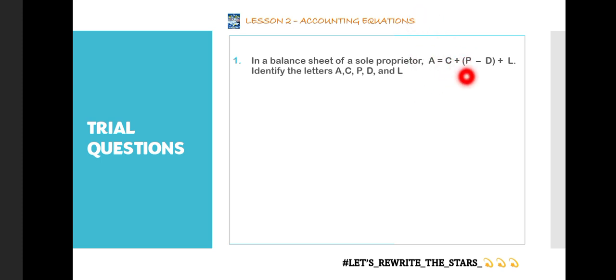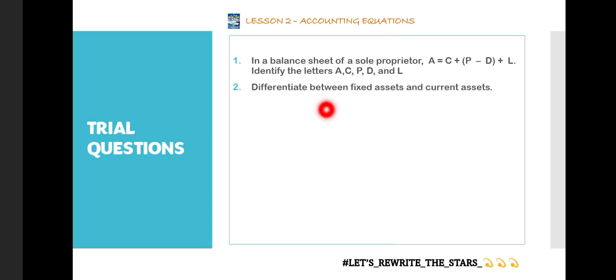The P is for the profits of the owner. The D is for the drawings that the owner made during the period, and then the L is the liabilities. So in all, the capital plus the profit minus the drawing plus the liability will all add up to form the properties of the business, which is the assets. All of this is clear.